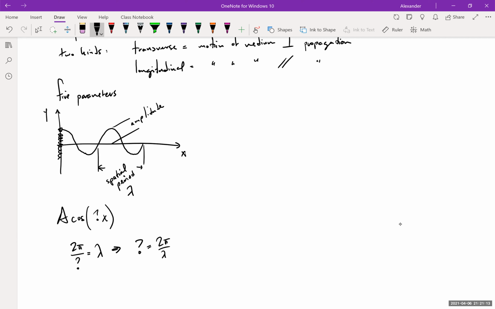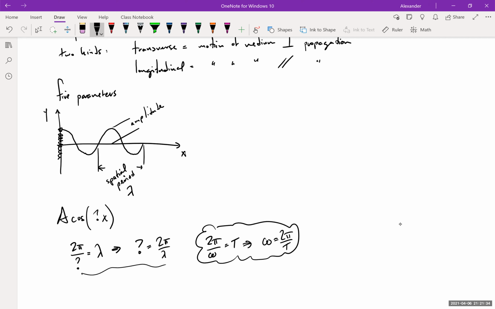So this makes me think a lot about 2 pi over omega is equal to the period, or omega is 2 pi over the time period, the temporal period. So this stuff here is a spatial statement. This was angular frequency.